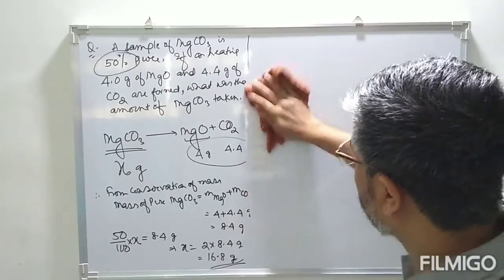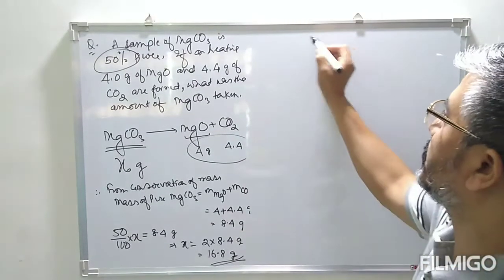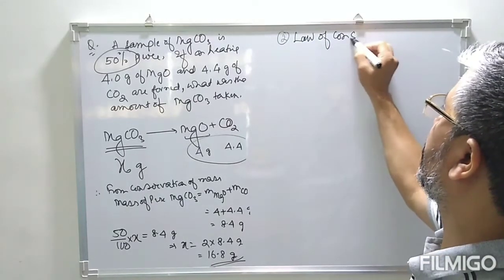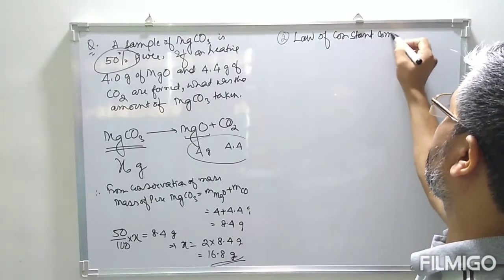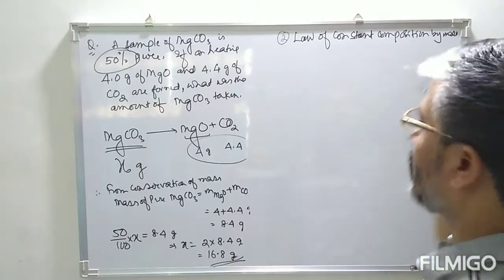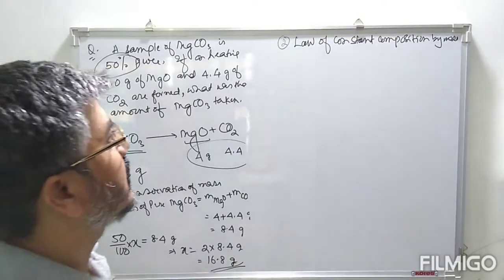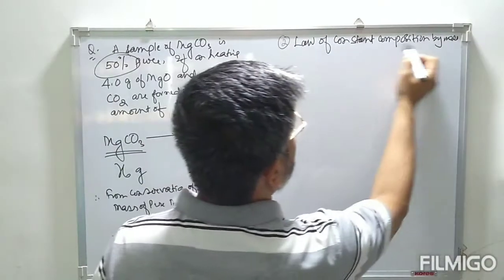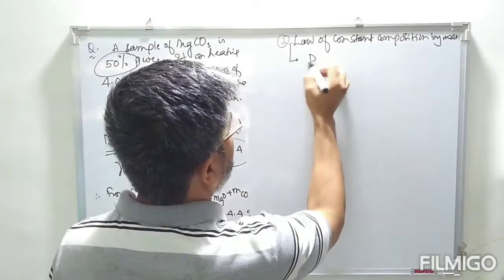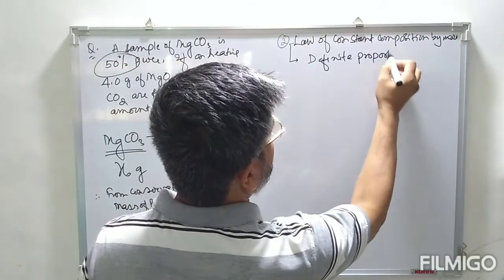The second law is the law of constant composition by mass. This law of constant composition by mass is also known as the law of definite proportion by mass.